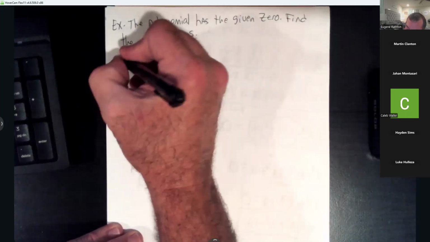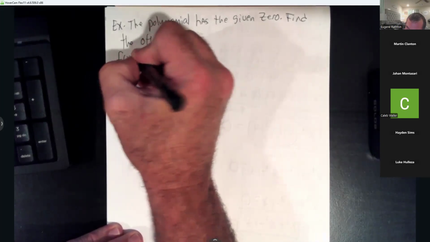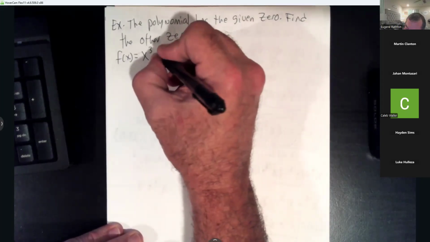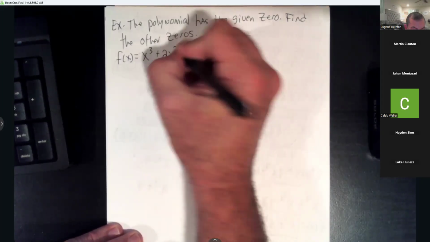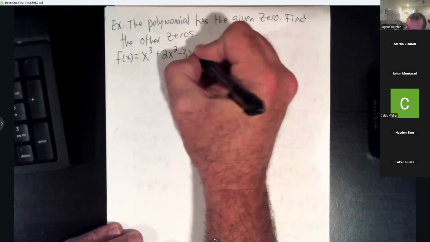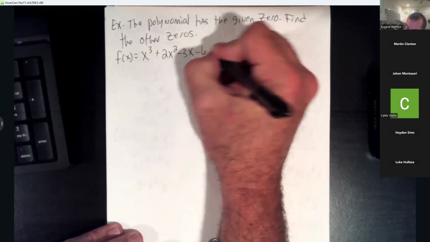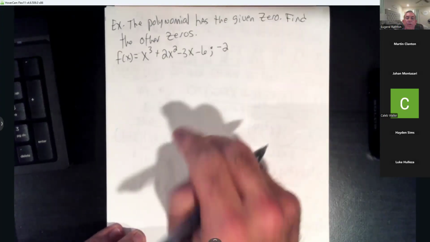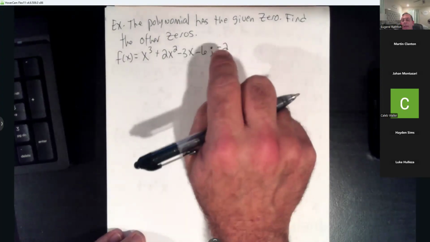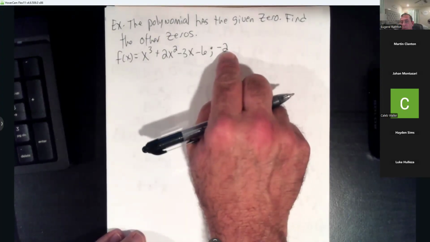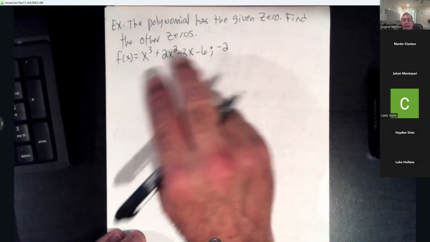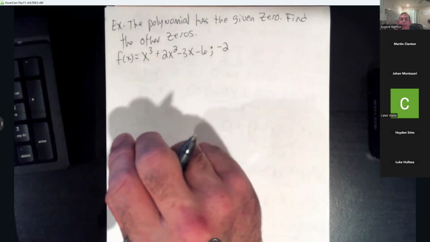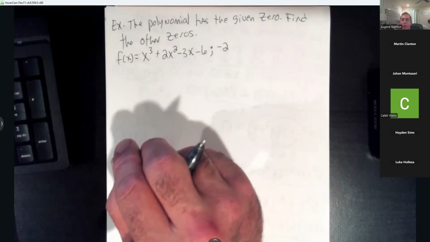All right, so they're giving me my function, f of x equals x to the 3rd plus 2x squared minus 3x minus 6, and then a semicolon, and they're giving me a negative 2. So they're telling me negative 2 is my first zero. Since that's an x to the third, I've got 3 zeros altogether. So I've got to find the other 2.